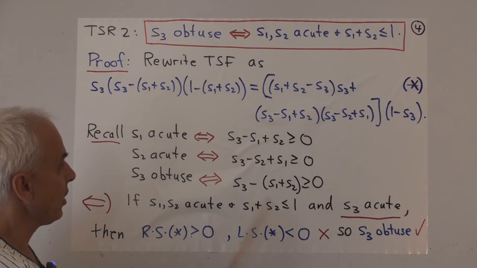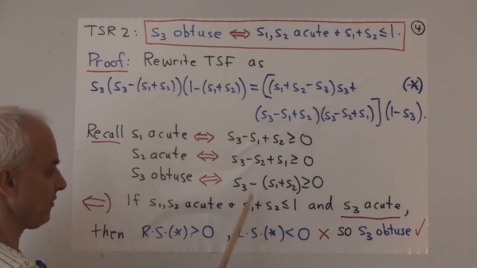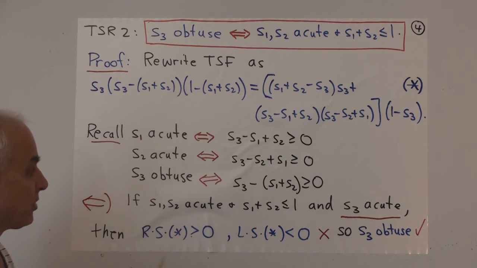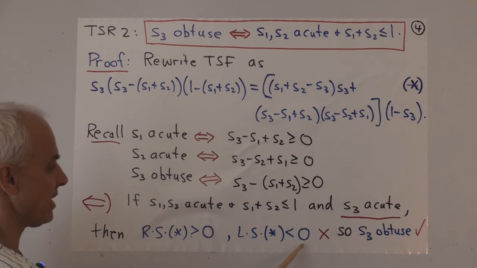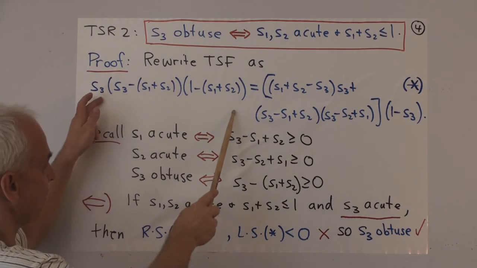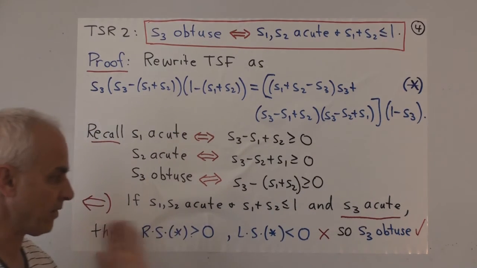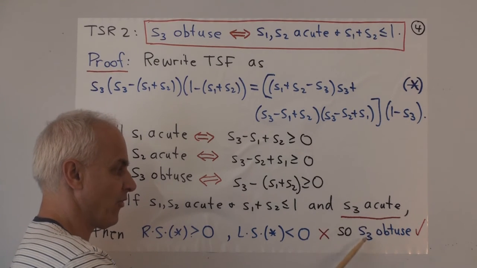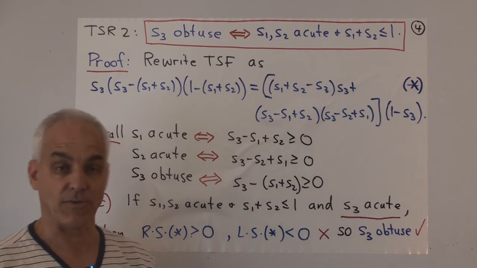The left-hand side, well, this term here will be positive because of this assumption, but this term will be negative because we're assuming S3 is acute. So the left-hand side is negative. So that being negative, that being positive, that can't work. That's a contradiction. It contradicts our assumption that S3 is acute, so we conclude that S3 is obtuse.